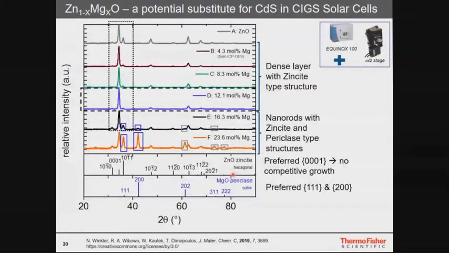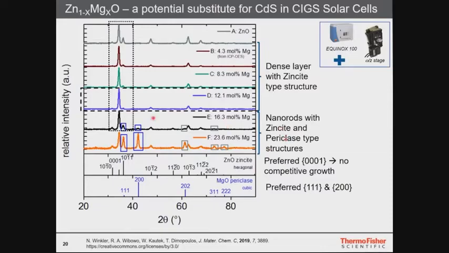If we now do X-ray diffraction on these samples to see what's going on structurally, we see that for pure zinc oxide we get a diffraction pattern, and upon increasing the magnesium content, at first look nothing changes too much, but at some point we get additional signals, and these belong to a periclase type structure.